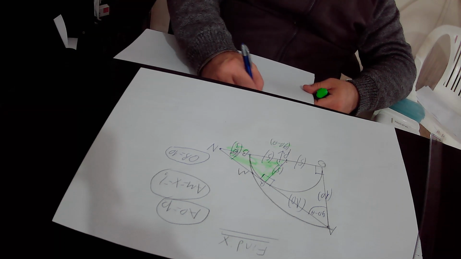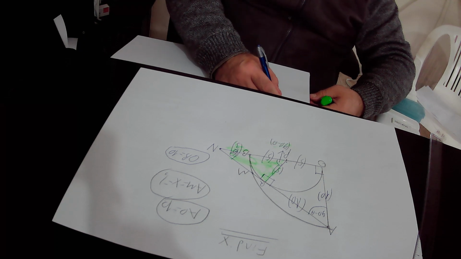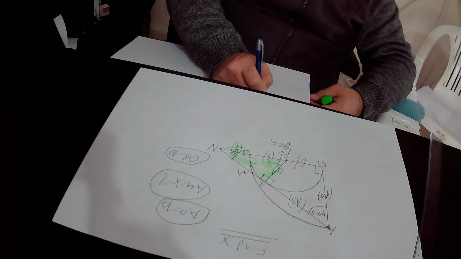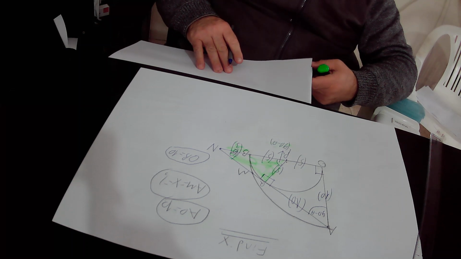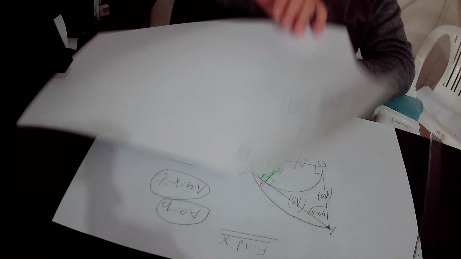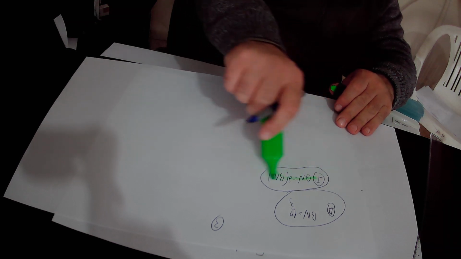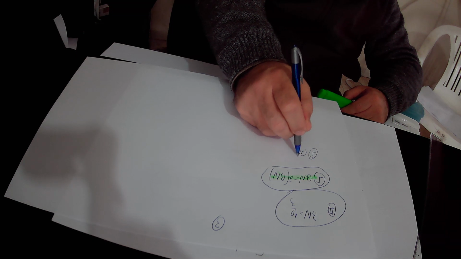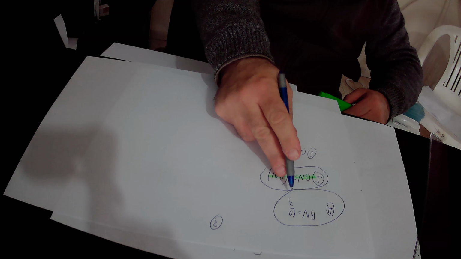According to equation number 1, we have already found out that Qn equals 2 times Bn, and Bn is 10 over 3.